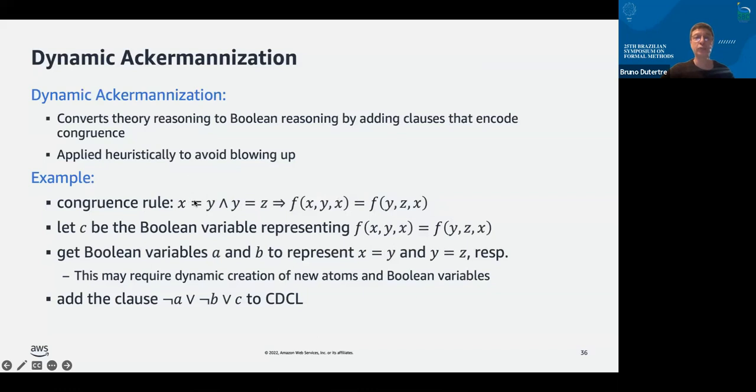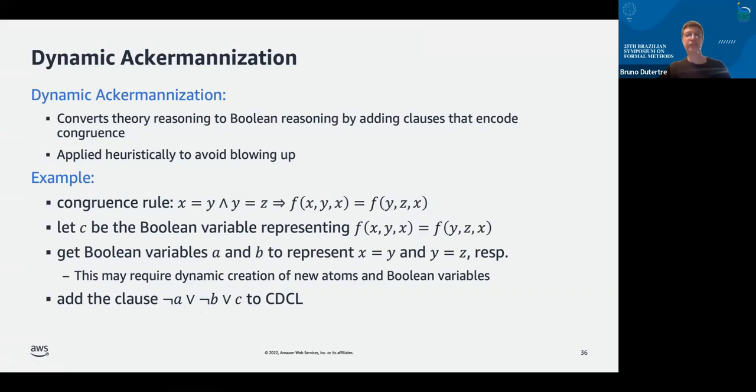So if I have A to represent x equals y, B to represent y equals z, I may need a C to represent this new equality. Once I have the C, I can convert this into a Boolean clause: not A or not B or C. So that's another trick that you have to do in many cases in SMT solving: convert theory reasoning, theorems that are true in the theory, into clauses and give these clauses to CDCL.